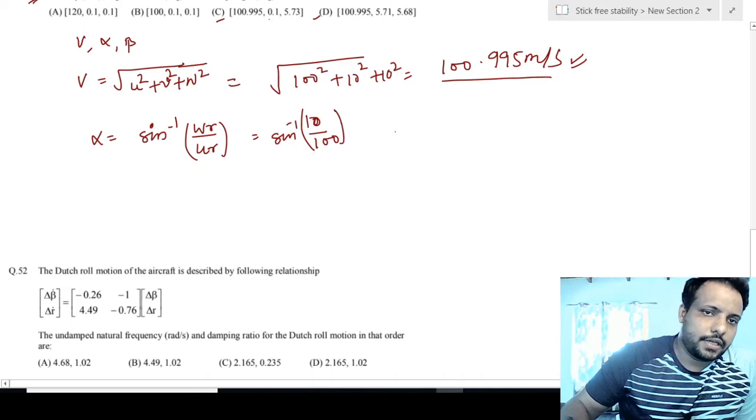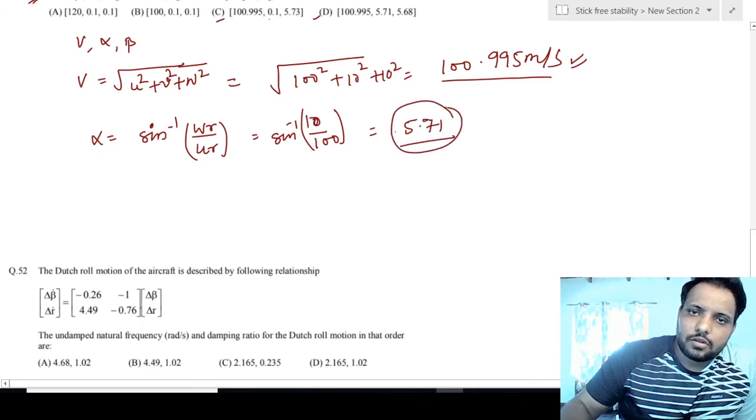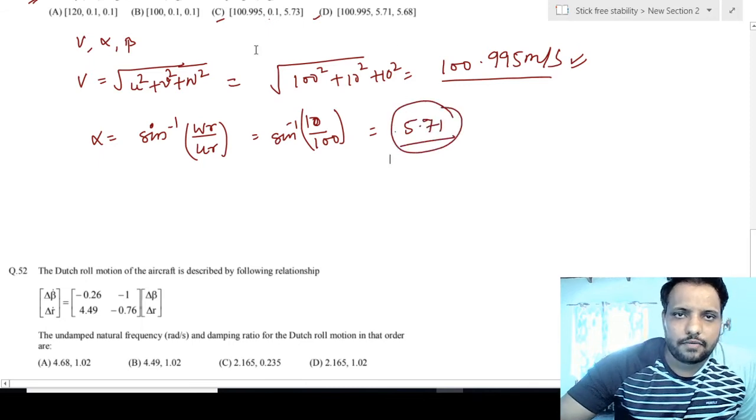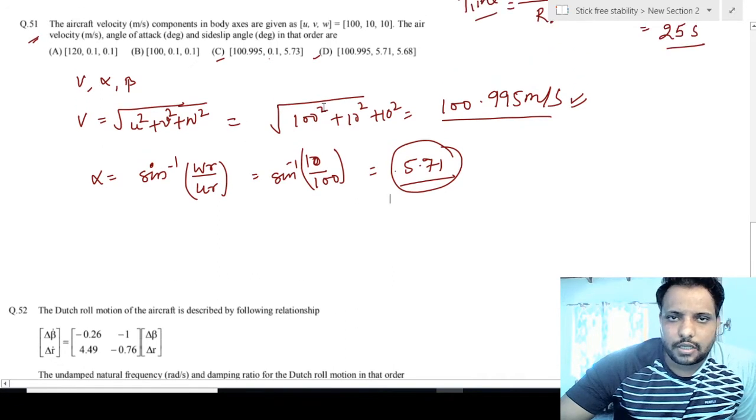U is the velocity 100, so that will give me alpha as 5.71. So 5.71, I have to check which answer I'm getting.